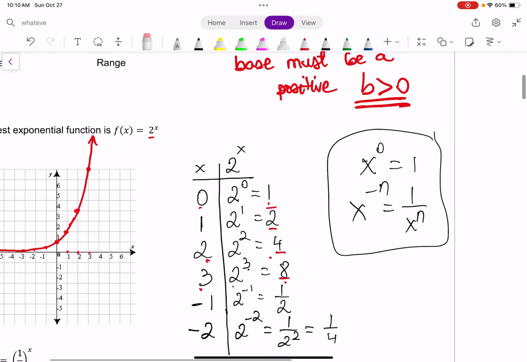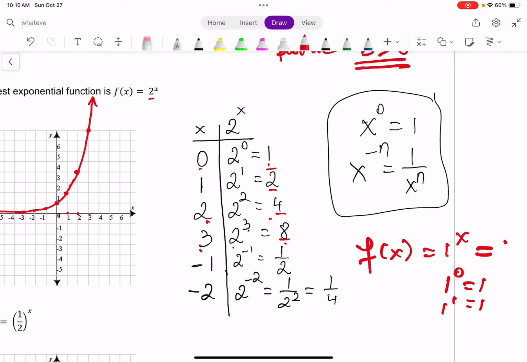Also, if you have an exponential function that's 1 to the power of x, 1 to the power of x is always 1. 1 to the 0 is 1. 1 to the 1 is 1. 1 squared is 1. So 1 to the power of x is really the constant function 1. That's a constant function, not an exponential function.